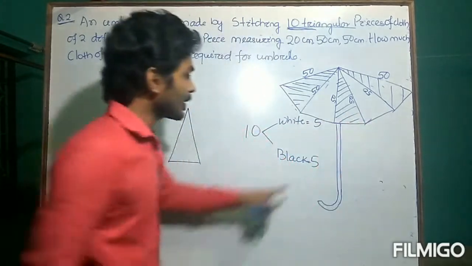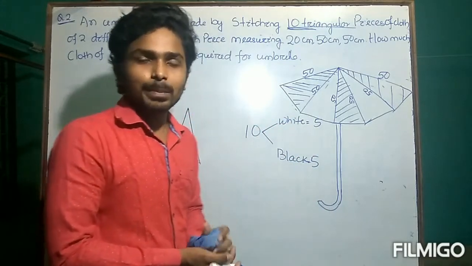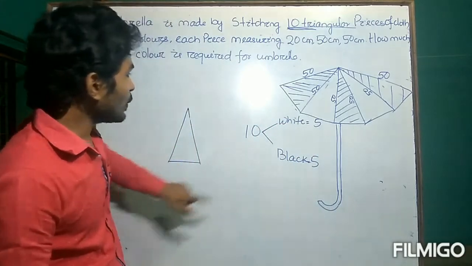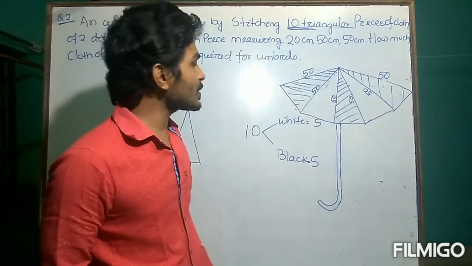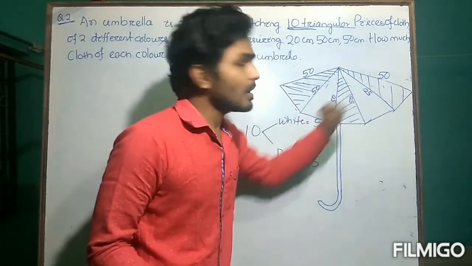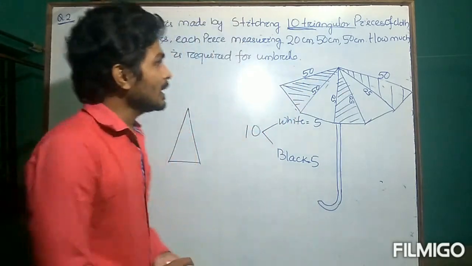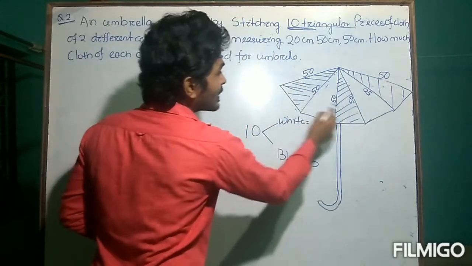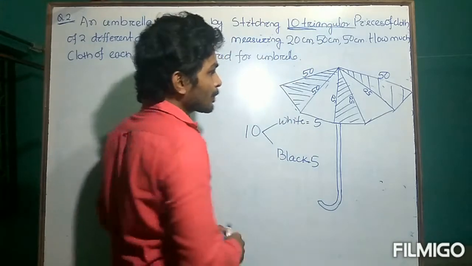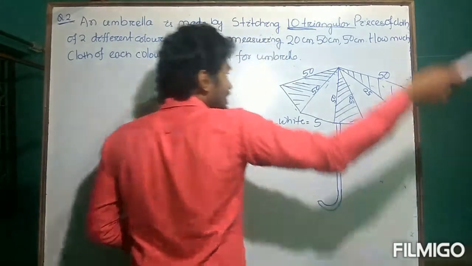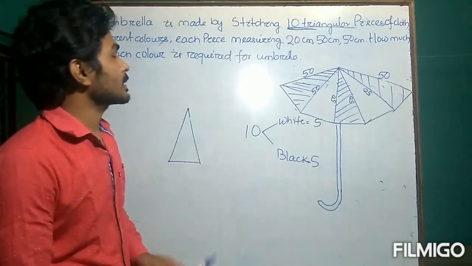They are also 5, because 5 black and 5 white combined give 10 triangular pieces. Clear? So in the front side you can see there are 3 black, and at the back side another 2 black. In the front side there are 2 white, and at the back there are 3 white triangular pieces.